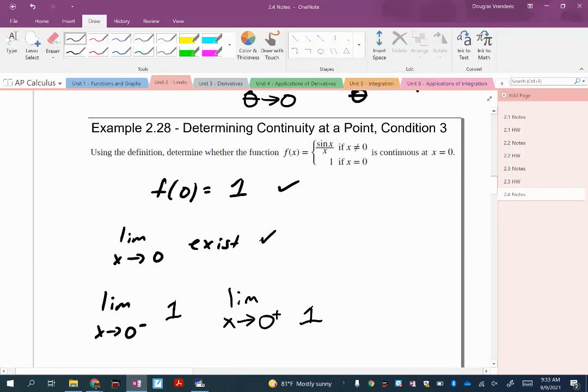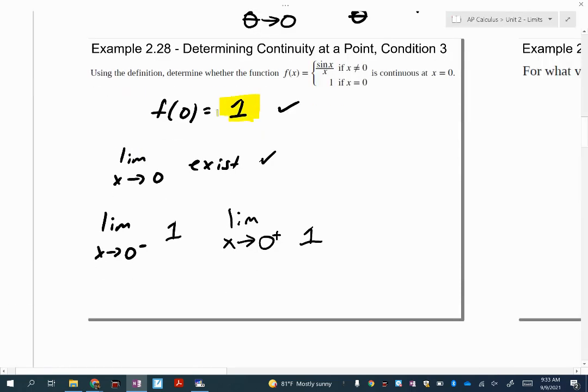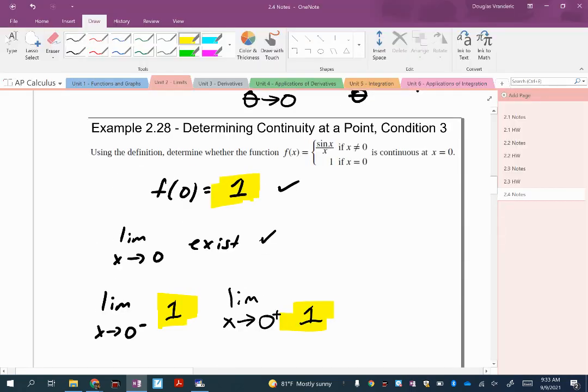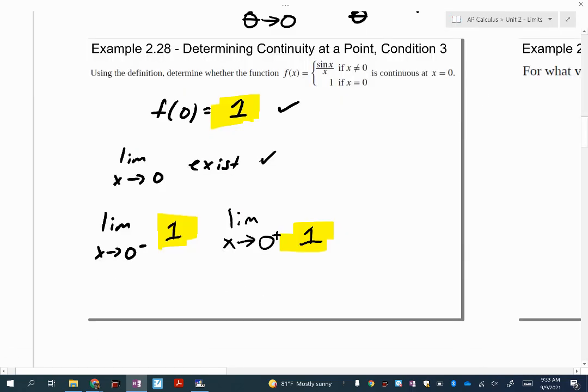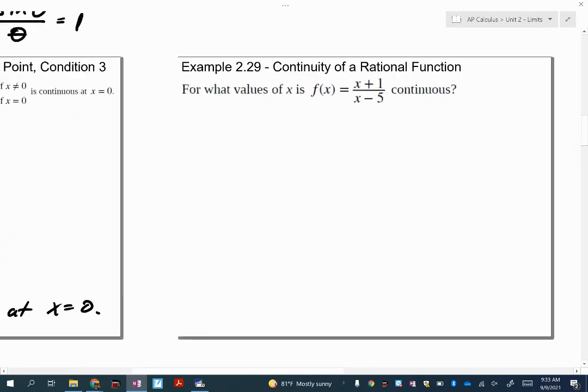So let me highlight them, I think that'll help. So does this number equal this number here? Okay, and it does. So this function is continuous at x equals 0.